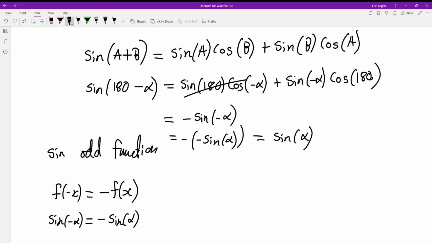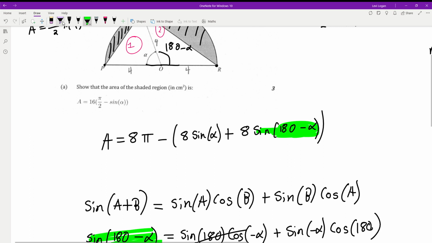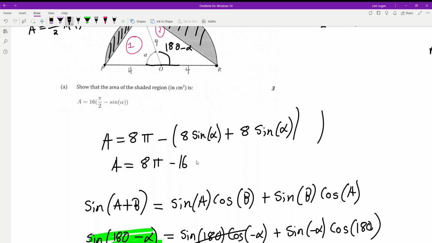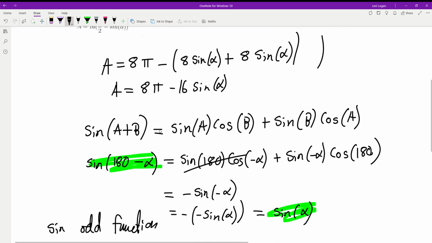So we can replace this with just sine of alpha. Now add those terms together, so we have the area of the shaded region is 8 pi minus 16 sine of alpha. I can add them together because they are like terms.